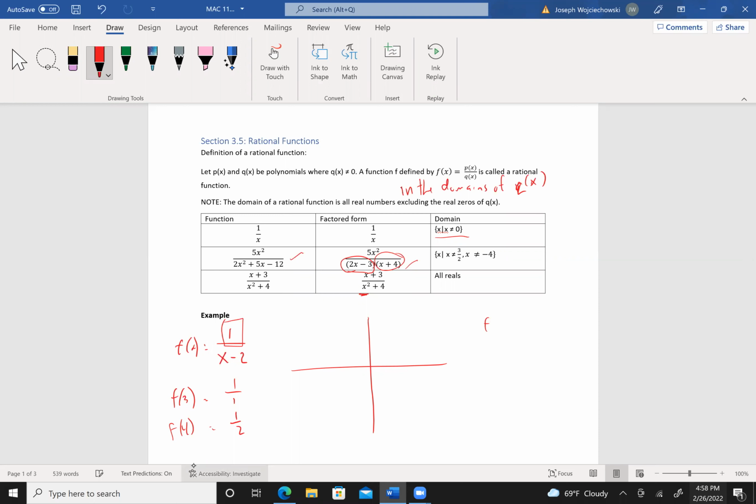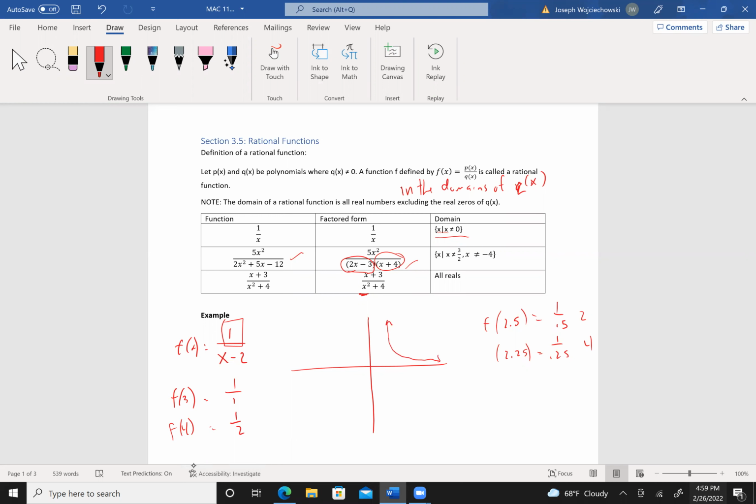If x is 2.5, we get 1 over 0.5, which is 2. And if x is 2.25, we get 1 over 0.25, which is 4. So what we have going on here is something like this.